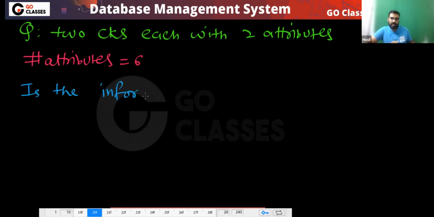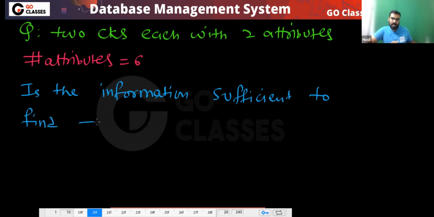Is this information sufficient to find the number of super keys? The answer is clearly no.